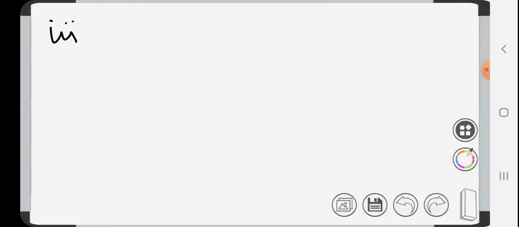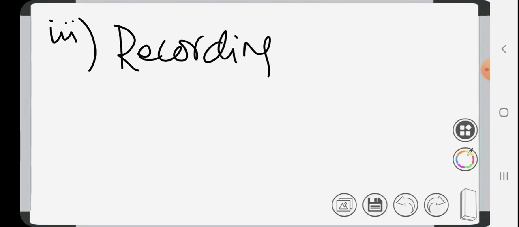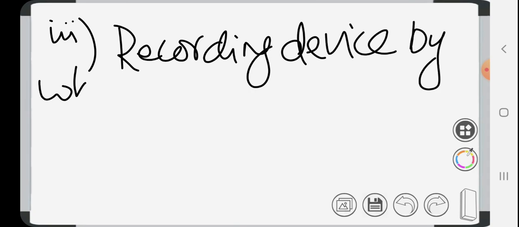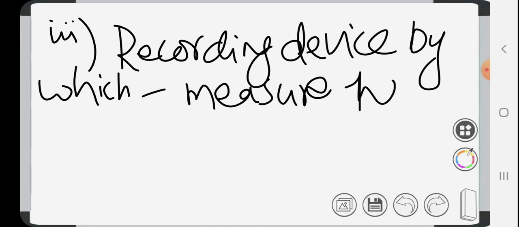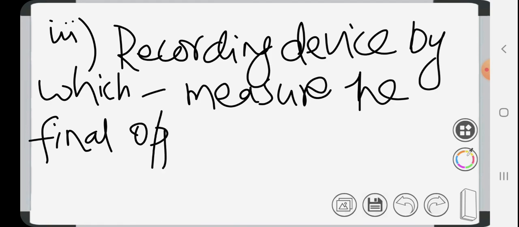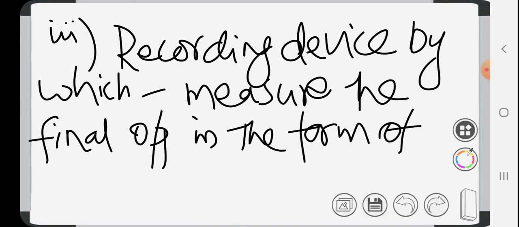The third step is that there will be some recording device by which we measure the final output in the form of load or stress.